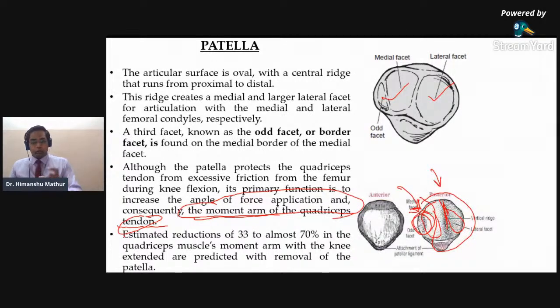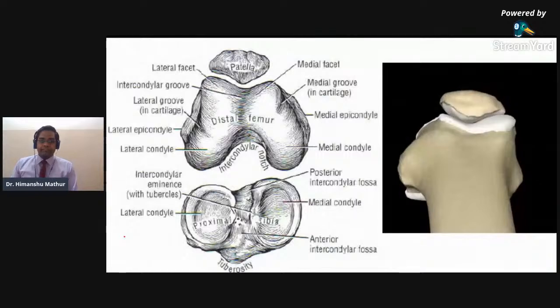So although the bone is very small, it is of very much functional importance. All right, so you must know things about the patella and the patellofemoral joint as well. Now this is the patella. This is the superiorly taken picture of the patella, and on the right you can see the movement of the patella whenever we are going into flexion.